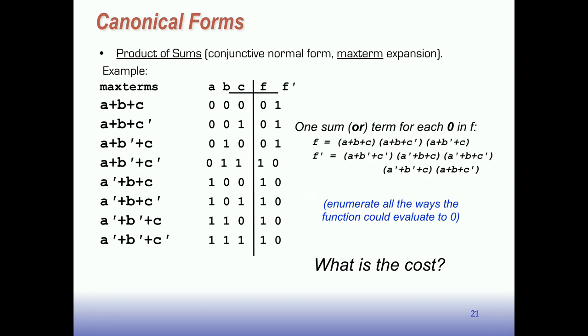And then likewise for f bar, if we cared about it, there's 1, 2, 3, 4, 5 max terms here, and they're just ANDed together because it's the product of sums.